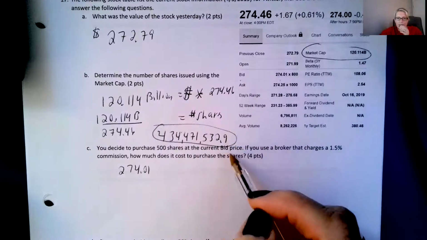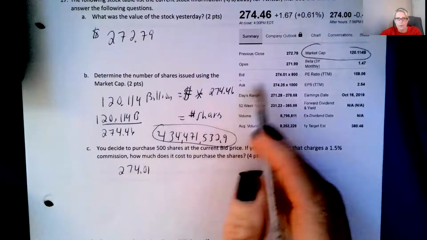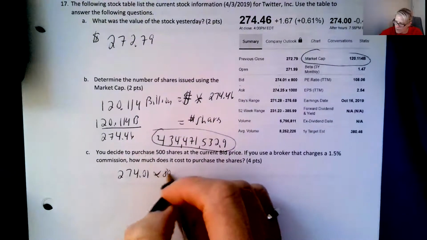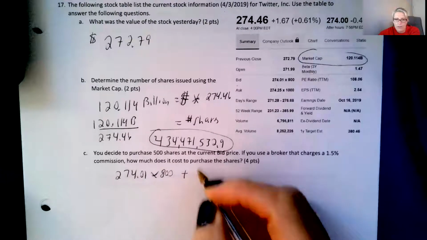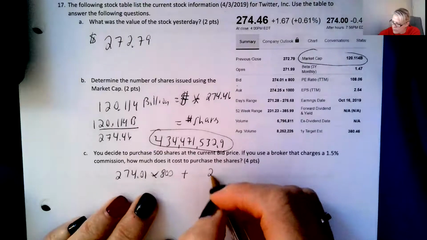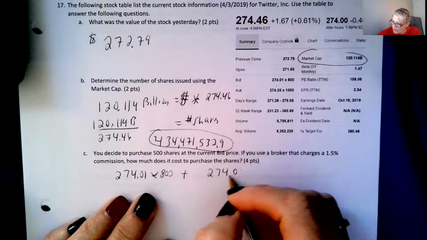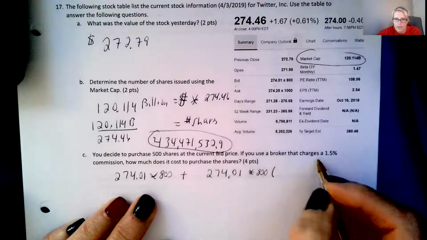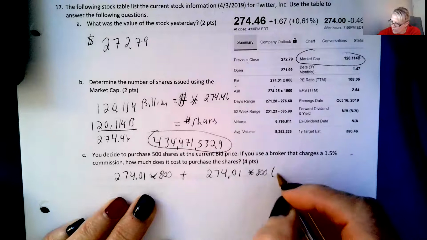So we're going to get them at the bid price. So we're going to multiply 274.01 times 800 times the commission of 0.015.